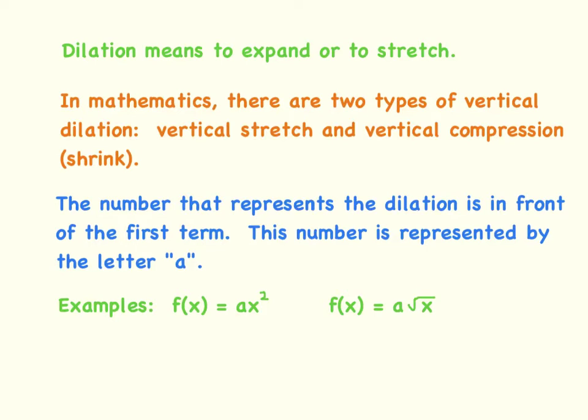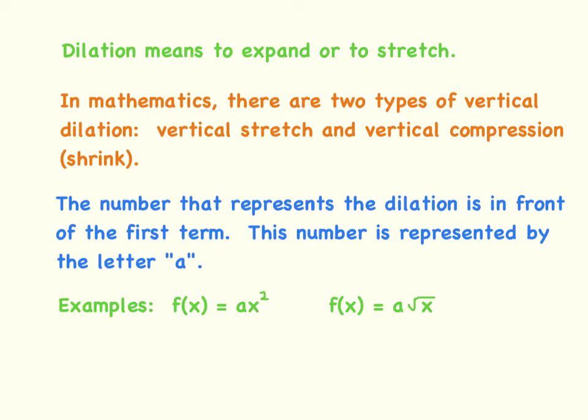That curve is either going to be narrower or wider than the parent function, depending on what that number is. And then my second example is for a parent radical function, putting the letter A in front of that. Again, if you look at that graph, it's going to be taller or it's going to be flatter.